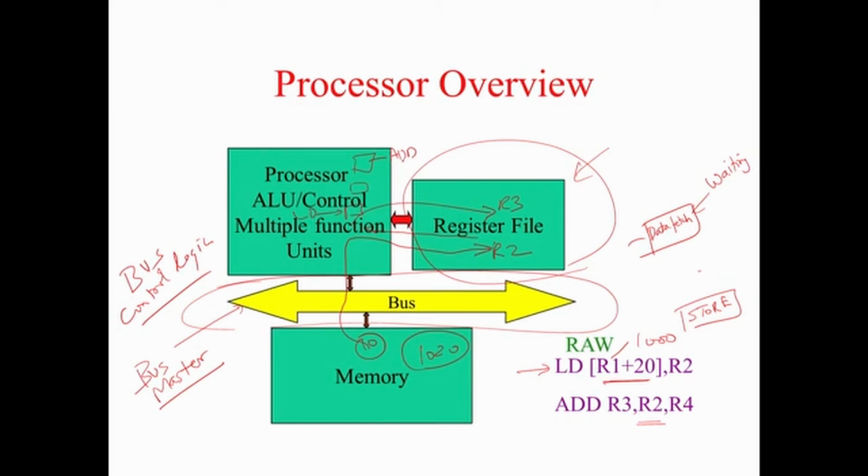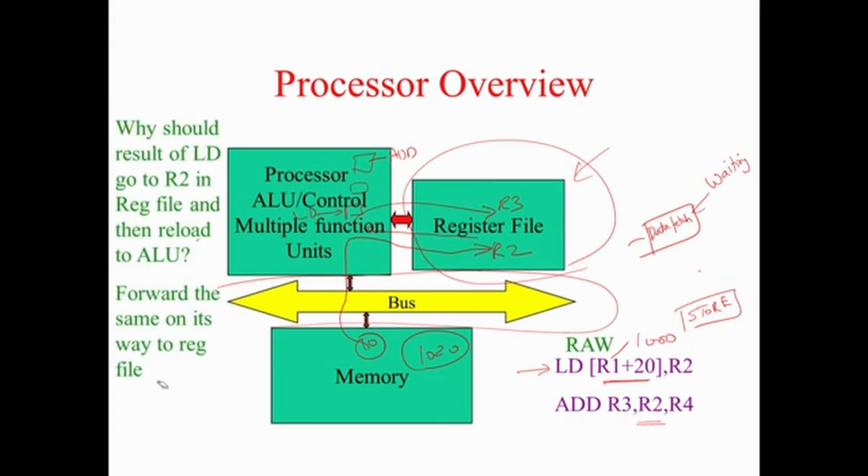Now the question is, why should the result of the load go to R2 in the register file and then come back to the ALU? On its way from the memory to the register file, can't I take the value and keep it? Why should I spend extra time for it to go to R2 and then fetch it back again?